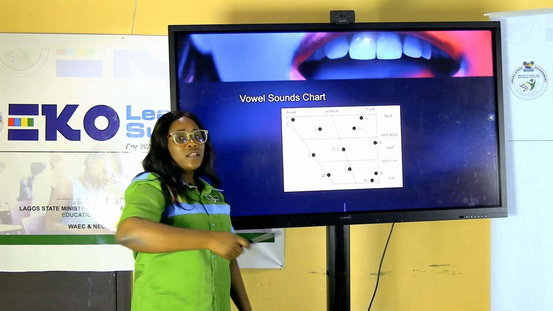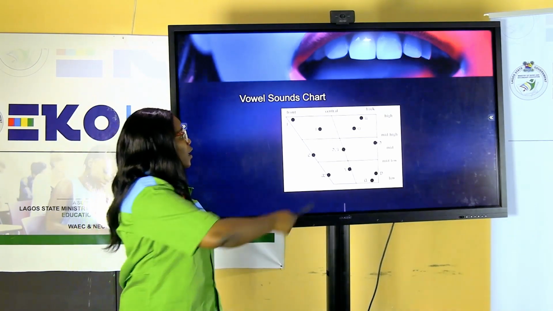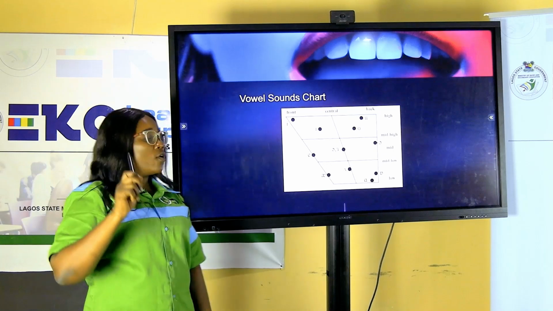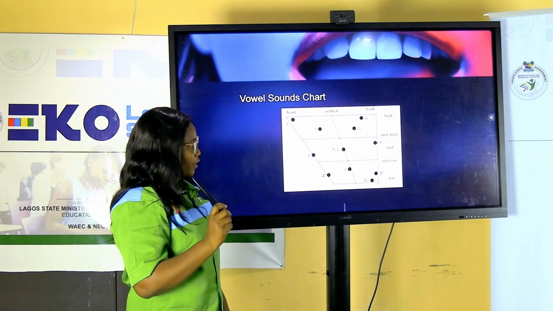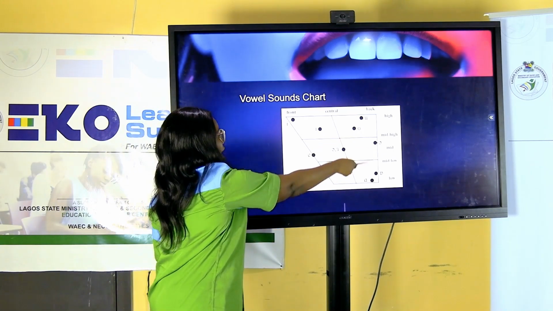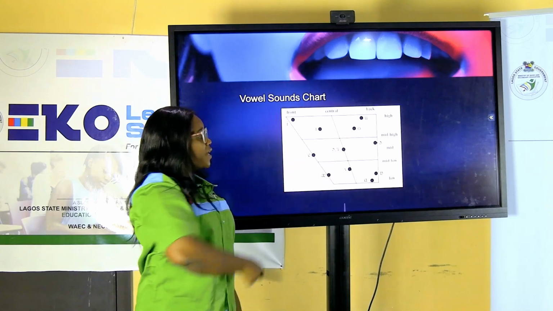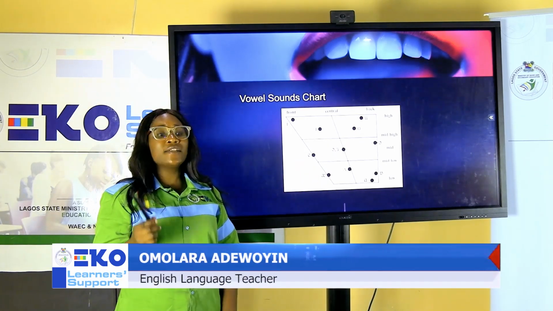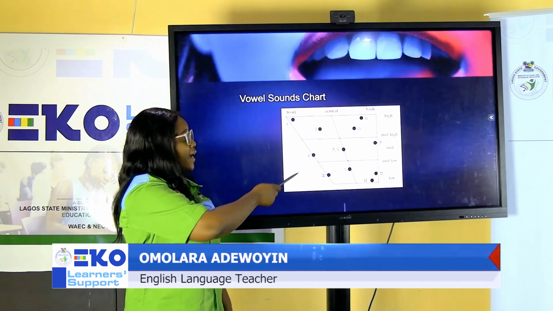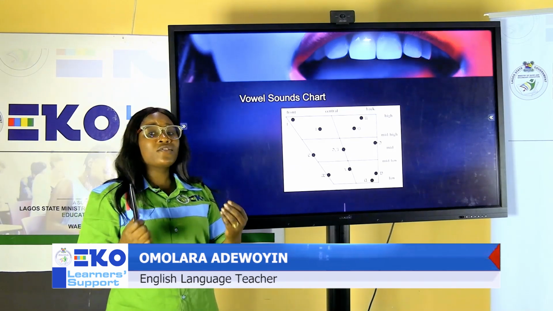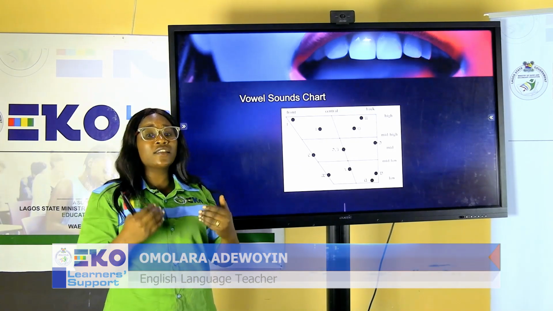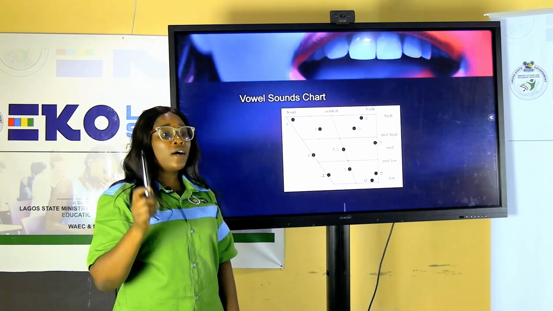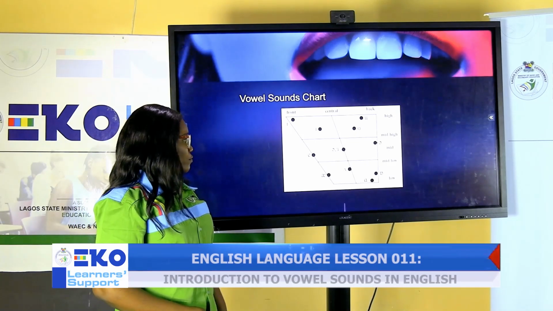Central is the middle of the tongue. The back is the back of the tongue. Looking at what we have here, we have high, mid-high, mid-low, and low. This here talks about the position of the tongue in the mouth when vowel sounds are produced.